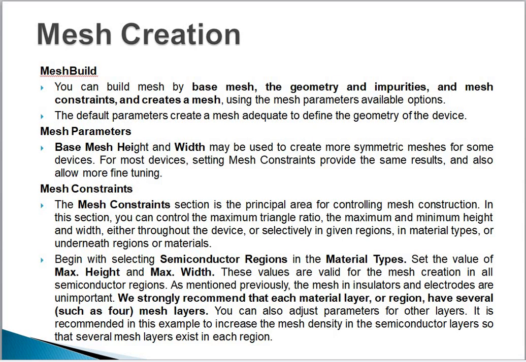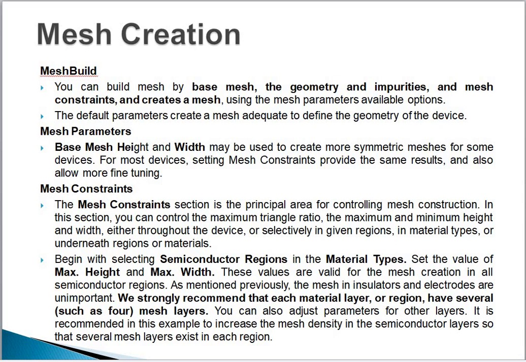Set the value of maximum height and maximum width. These values are valid for the mesh creation in all semiconductor regions. As mentioned previously, the mesh in the insulator and electrode are unimportant. If you don't define the meshing for the insulator and the electrode, that does not affect the device performance.